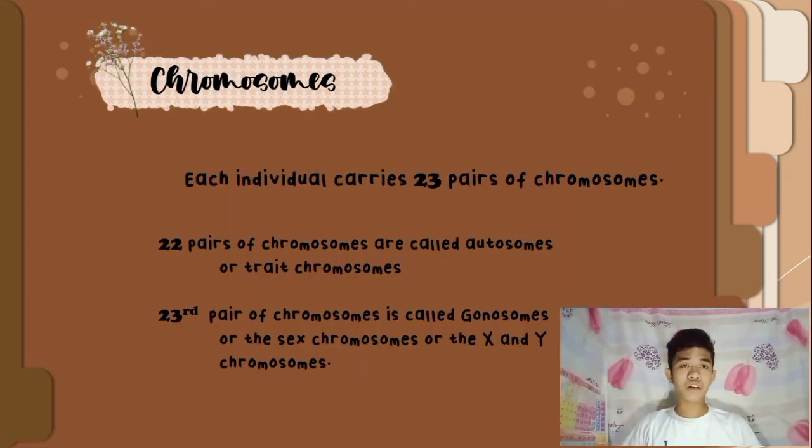Next are the chromosomes. Each individual carries 23 pairs of chromosomes: 23 from your father and 23 from your mother. The 22 pairs of chromosomes are called the autosomes, or the trait chromosomes. This is the reason why we are unique, because we have different matches of traits or characteristics from both of our parents.